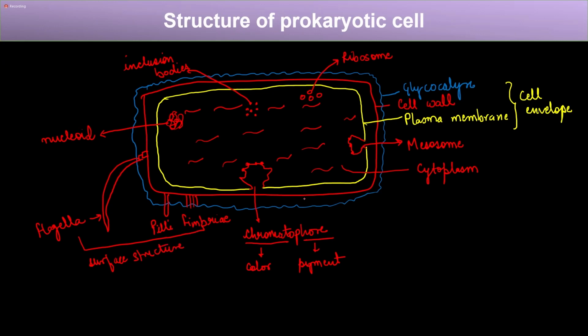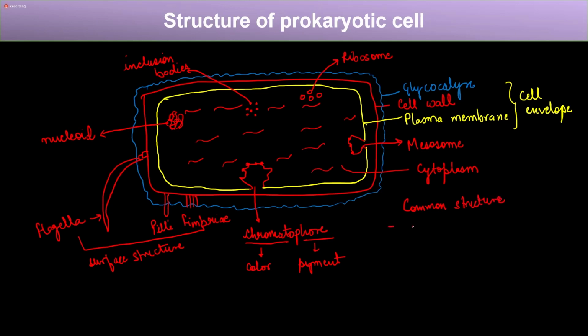But if you ask me whether all of these structures are present in all prokaryotic cells, the answer will be no. These structures vary from one bacteria or prokaryotic cell to another. However, there are certain common structures that are present in all prokaryotic cells.